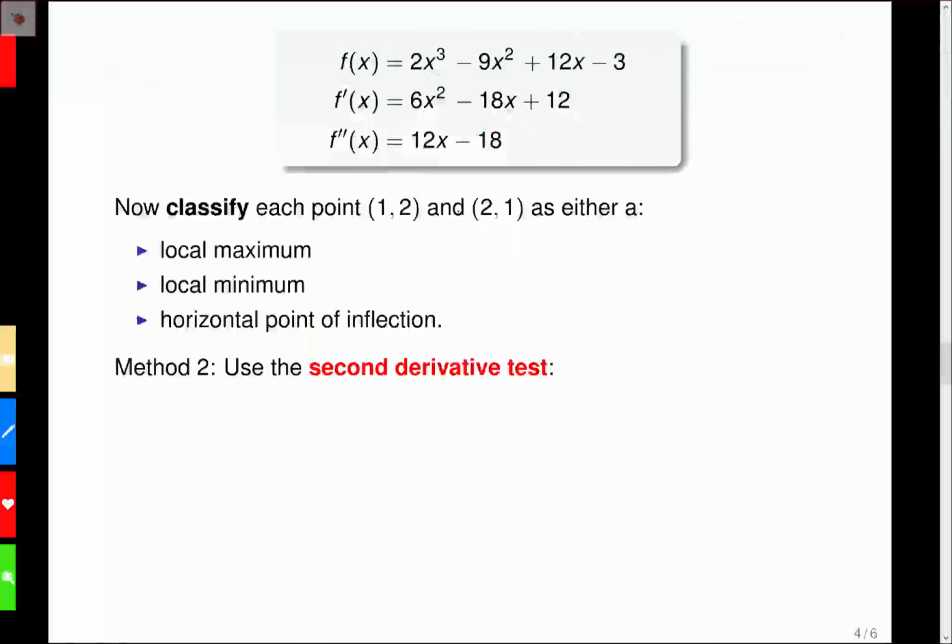Another common test for classifying these points is called the second derivative test, which involves checking the sign of the second derivative at each point to tell us whether the graph is concaving up or down there. This will immediately tell us whether or not the point is a local maximum or minimum. Here we want to evaluate the second derivative at the two x values 1 and 2.